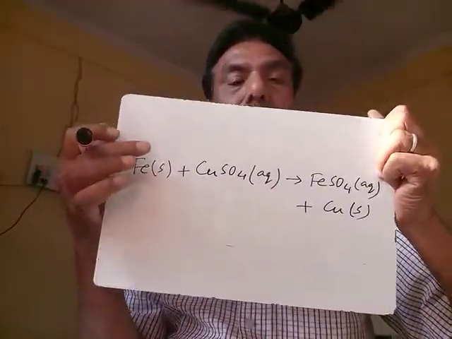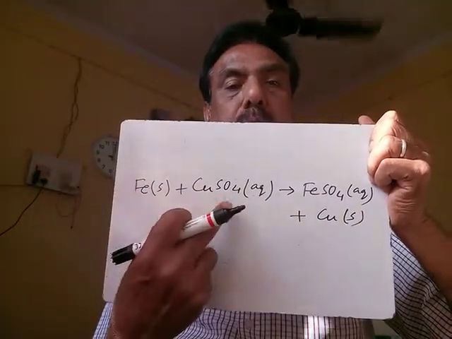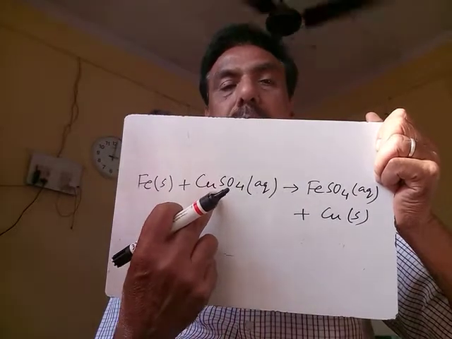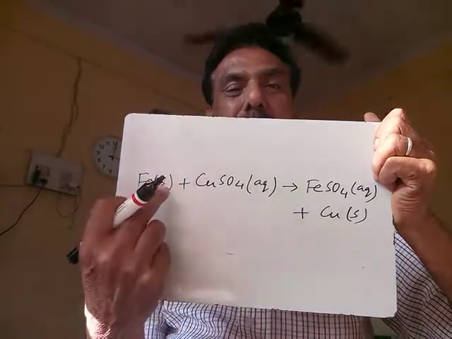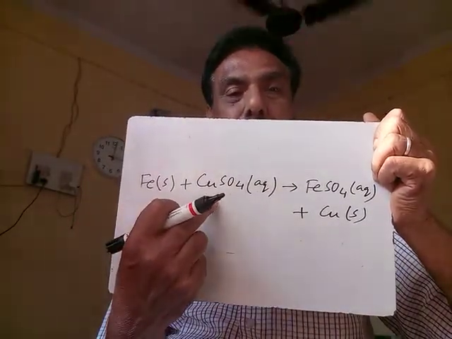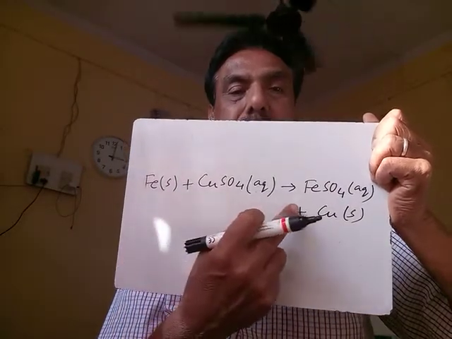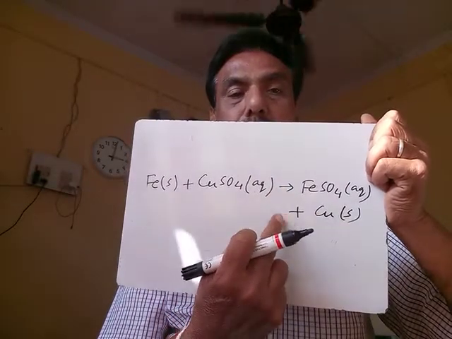Iron is above copper. This is copper sulfate, a solution of copper sulfate. Aqueous means mixed with water. Since iron is above copper, iron can displace copper from its aqueous solution. So we get ferrous sulfate, and this is the copper you are getting here.